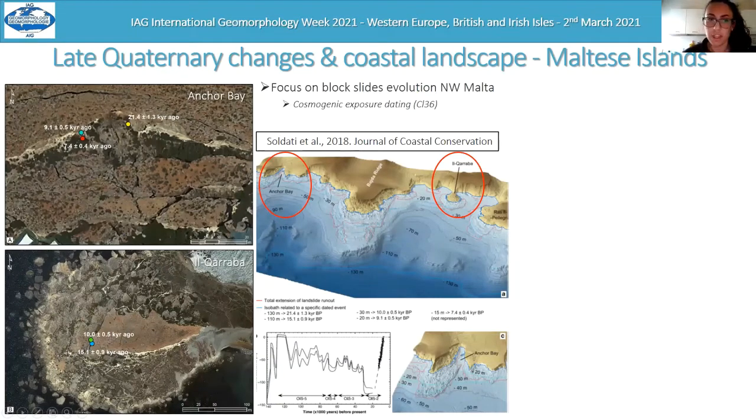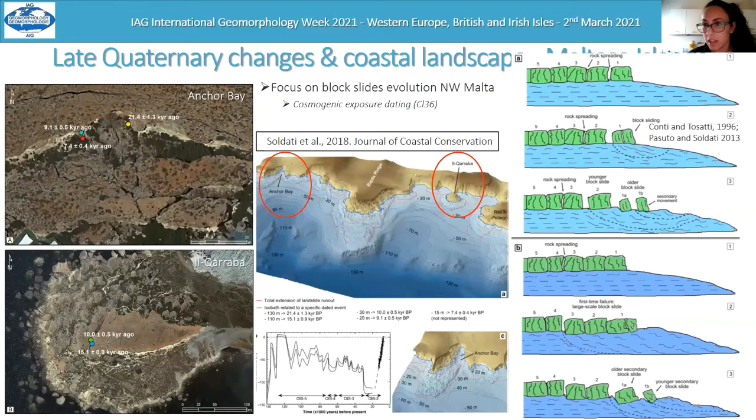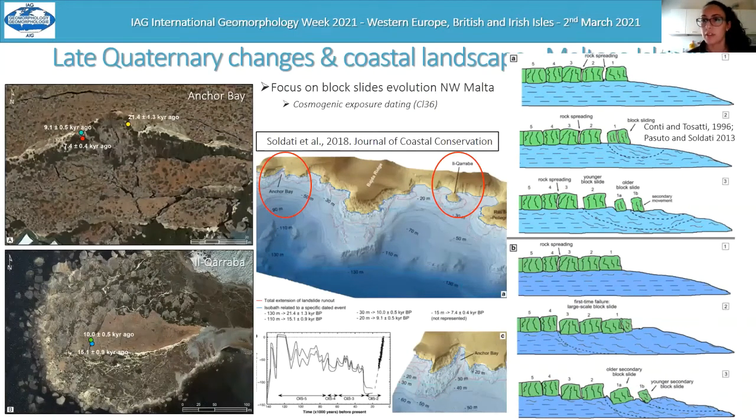So referring to the sea level changes recorded by Lambeck et al. in 2011, we were able to propose two different hypotheses for the block slide evolution.